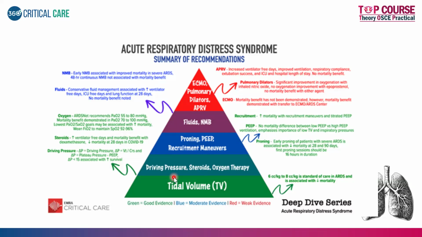Neuromuscular blockers, definitely with a PF ratio of less than 120. If you are seeing that the oxygenation is not up to the mark, there is ventilator dyssynchrony, definitely go ahead and use your neuromuscular blockers. Otherwise, routine use of neuromuscular blockers, especially in mild to moderate ARDS, is not beneficial.